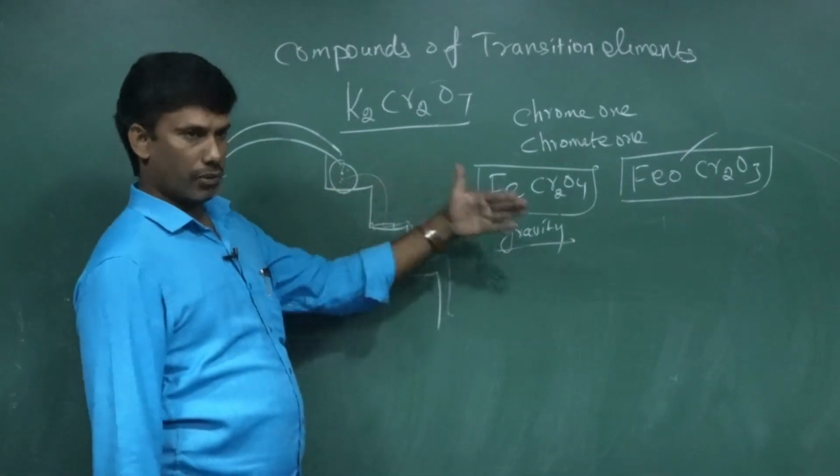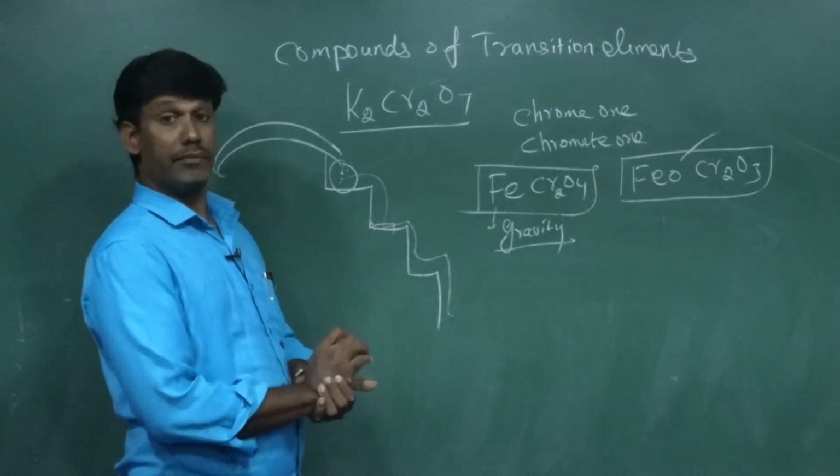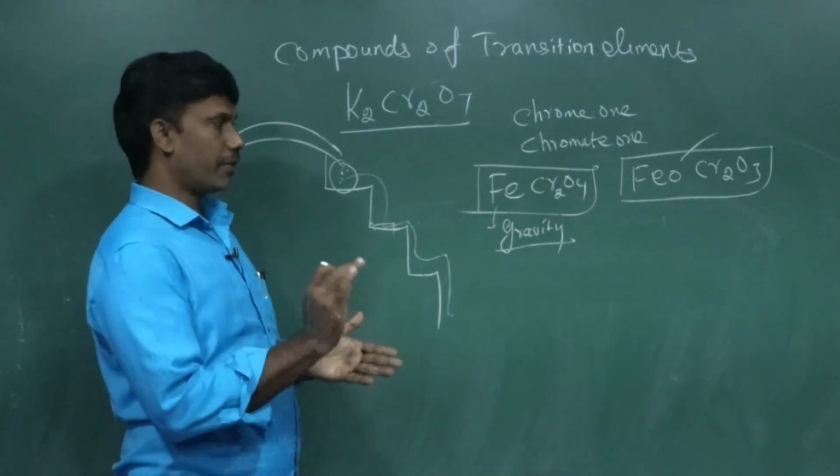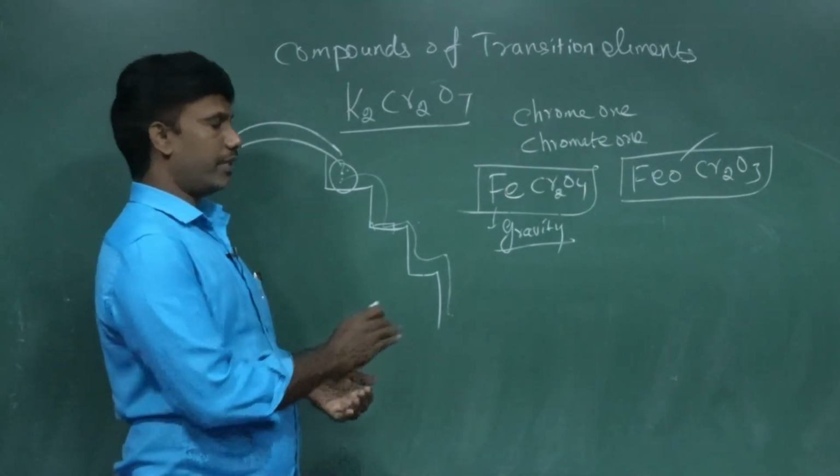After that, the concentrated ore goes through a chemical process. This is a very important 5 mark question at state board level. You have to watch keenly the chemical preparation of potassium dichromate that we are going to see now.